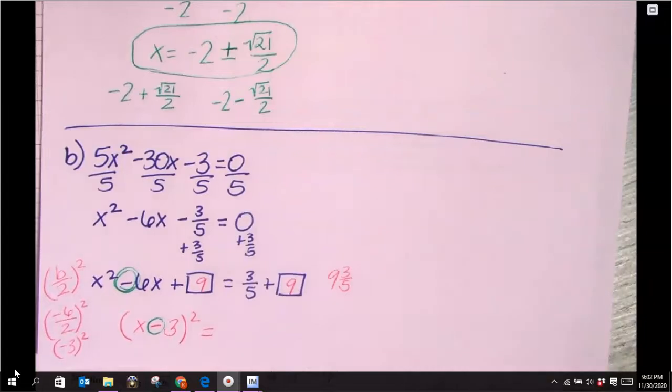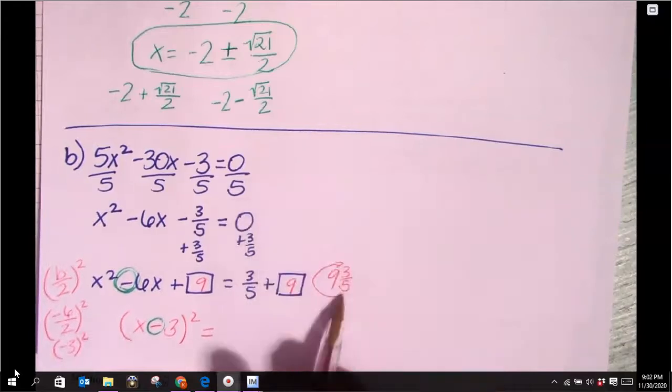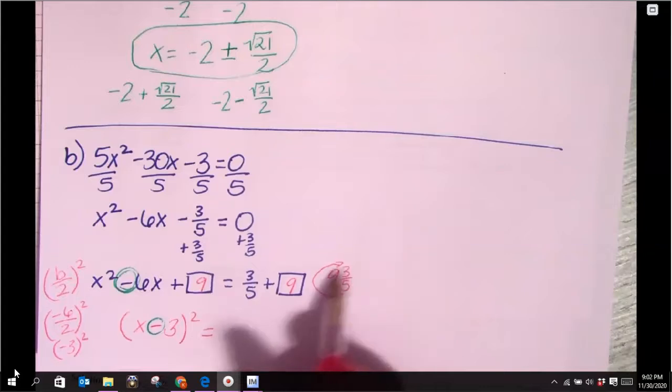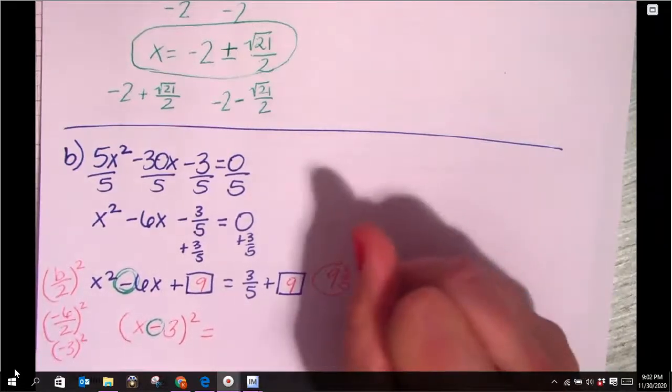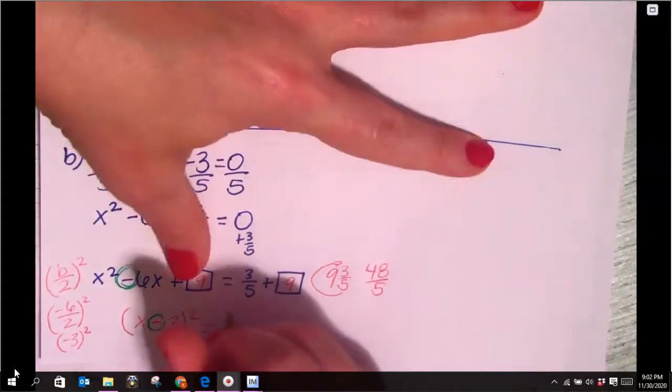But I don't want to leave it as a mixed number like that, so I'm going to do around the world. Do you remember around the world? You multiply here. 5 times 9 is 45, and then you add the 3. 45, 46, 47, 48. So that's 48 fifths. That is going to be here.